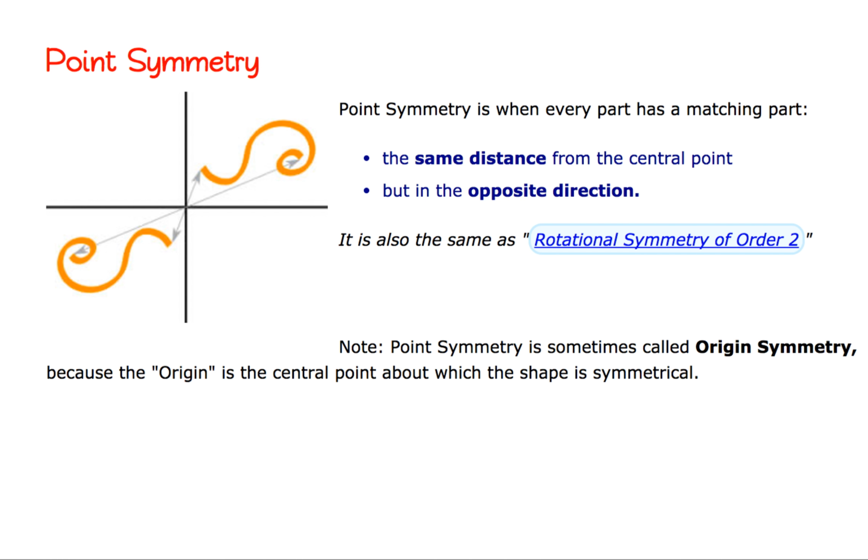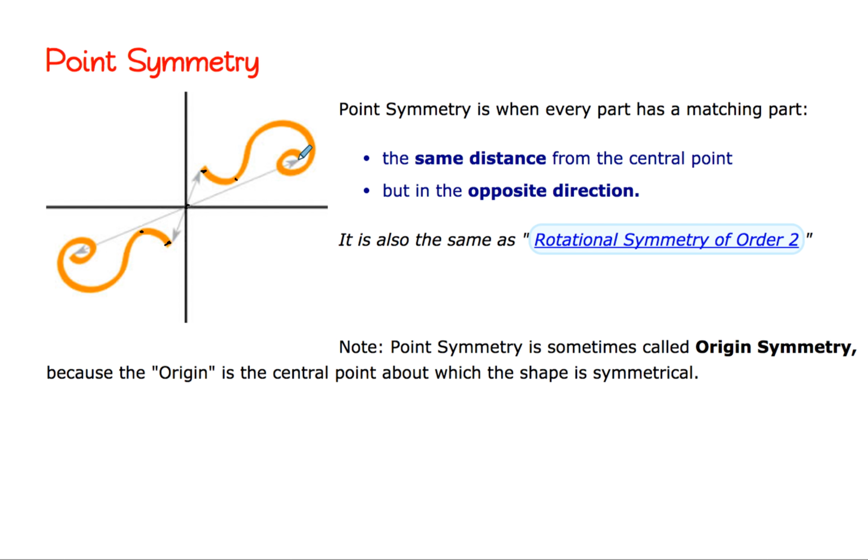Let's take another example of point symmetry. So it says point symmetry is when every part has a matching part. That's the simple explanation. Basically what it says is that if I took a look at any point on this figure in quadrant 1 and I reflected it over this point over here, you would map onto a given point like that. If I took this point over here and I reflected it over this point, it would map onto this figure right over there.